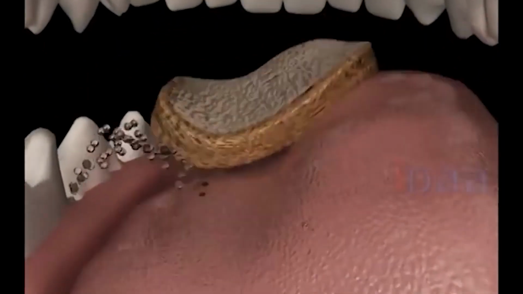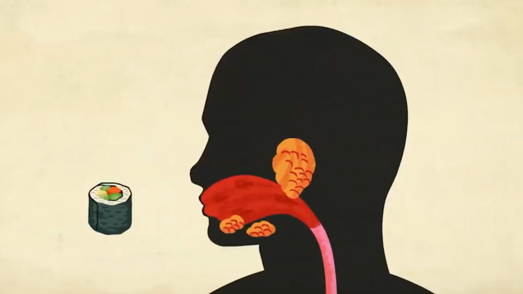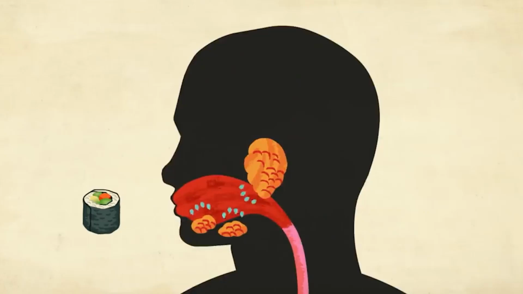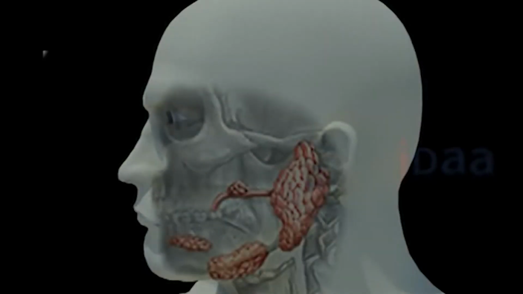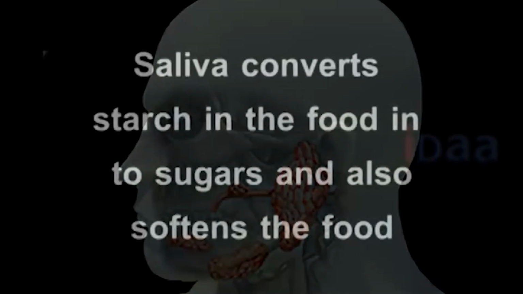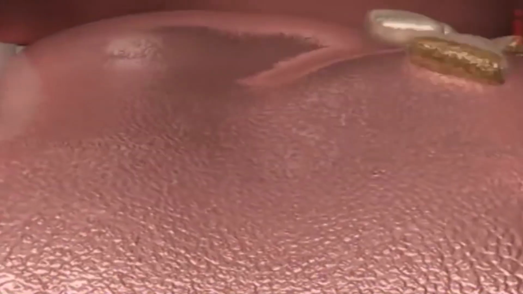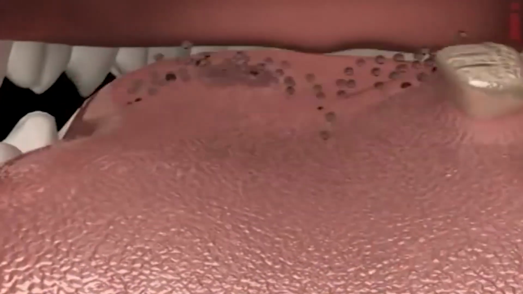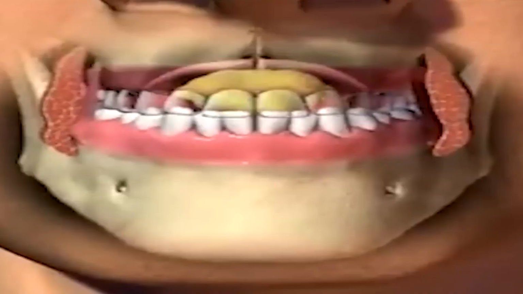In the process of chewing the food, the salivary gland in the mouth produces saliva. The saliva contains an enzyme called ptyalin, which acts mainly on starchy food. The saliva also lubricates and moistens the food so that it sticks together and is easy to swallow.